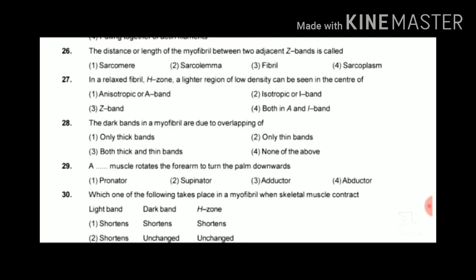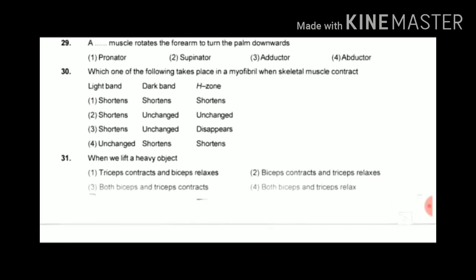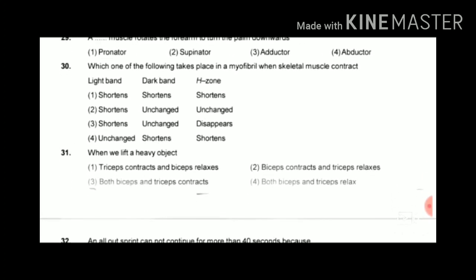Next is question number 30. Which one of the following takes place in the myofibril when skeletal muscles contract? Number 1, light band, dark band and H zone, all three are shortened. Number 2, H band is shortened and dark band and H zone remain unchanged.